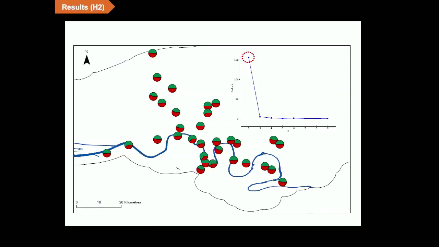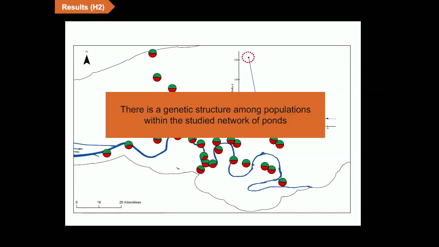For the result, we identified two spatial genetic clusters, in green and in red here, but we have no relationship with the spatial distribution of our ponds. So the work presented here is in progress, but we have identified a genetic structure.